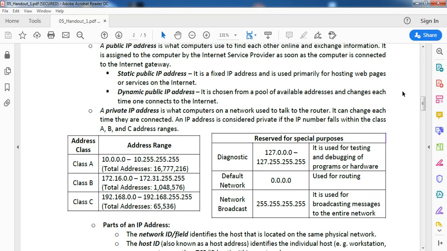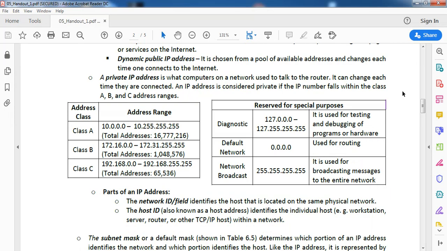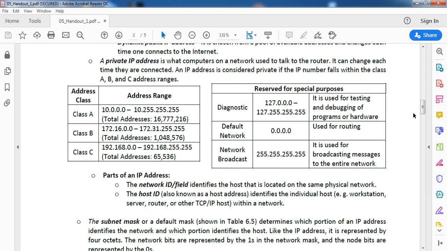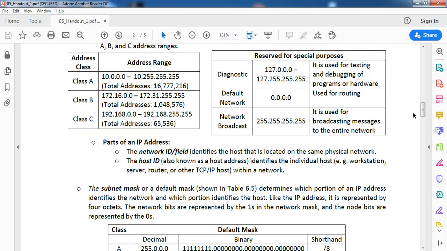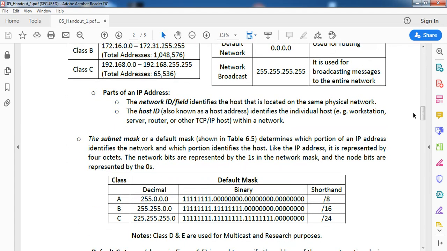We've mentioned the different classes of IP addresses and their ranges, how to be able to identify them. We've also mentioned the parts of an IP address, which is the network ID field and the host ID. Then we determined the function of the subnet masks.